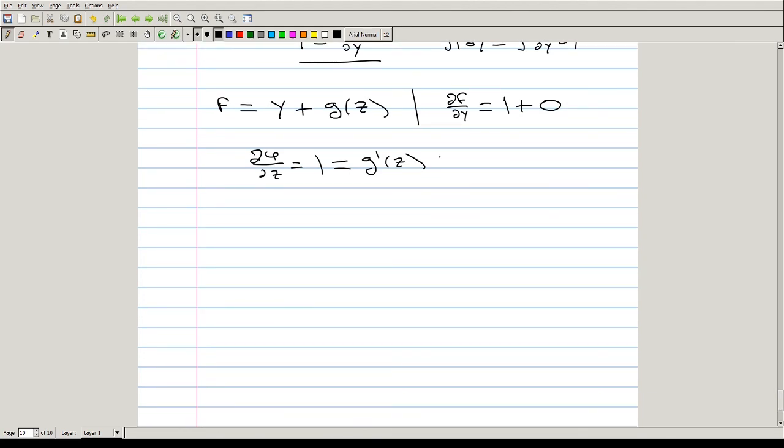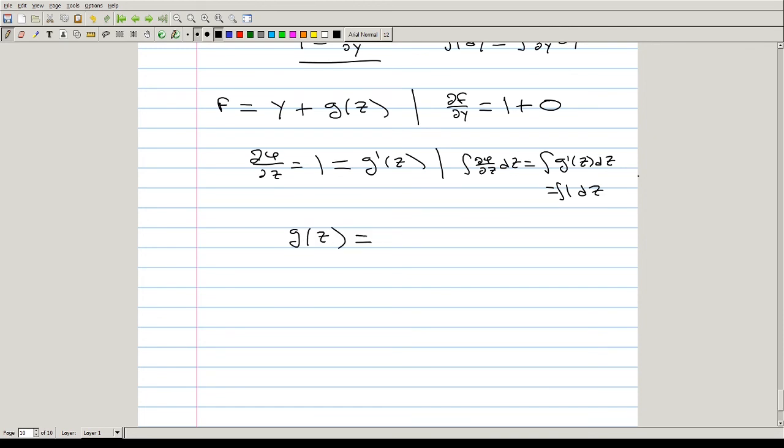And if we take the integral of both sides of this equation with respect to z, the antiderivative of g prime of z is just going to be g of z.